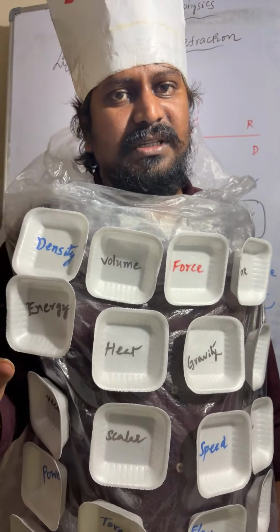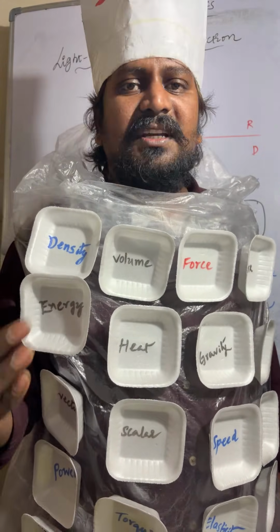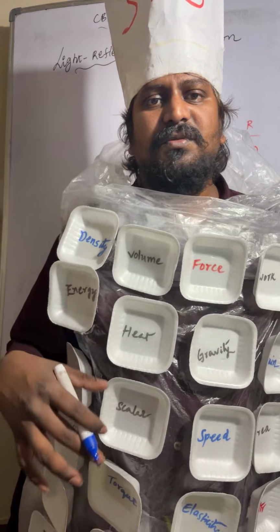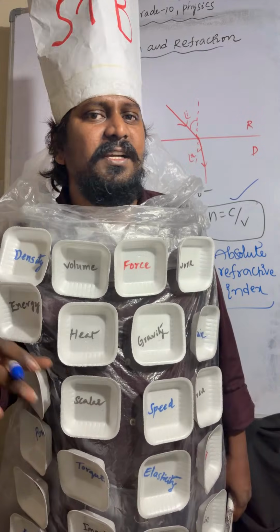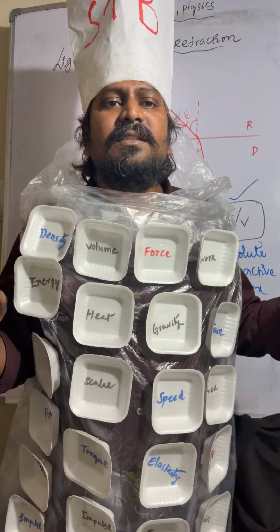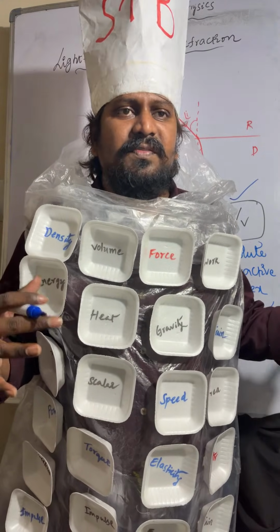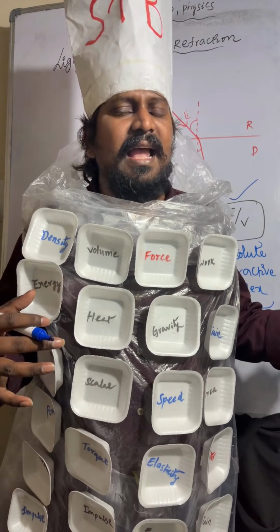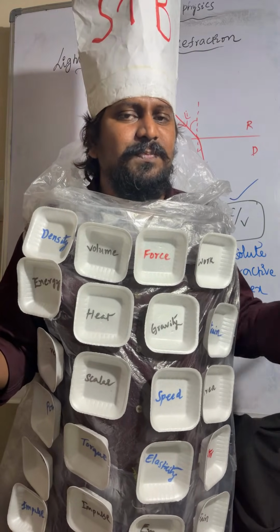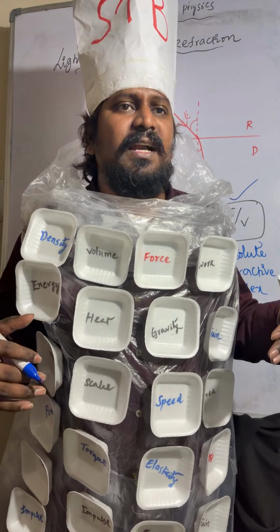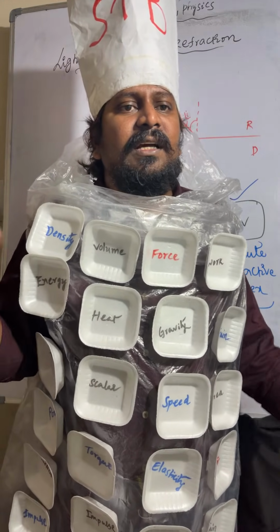It is the speed of light in medium 1 divided by the speed of light in medium 2, other than air or vacuum. That is called relative refractive index.